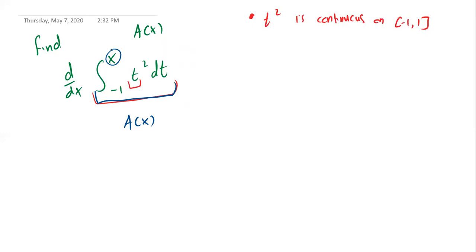If it's 5, we're calculating the net area on the interval -1 to 5. But anyways, whenever you have this setup, as long as your function is continuous on that interval, and t squared is a polynomial, it's continuous everywhere, you just replace the t's with x, so this would be x squared. Another variation would be something like this.